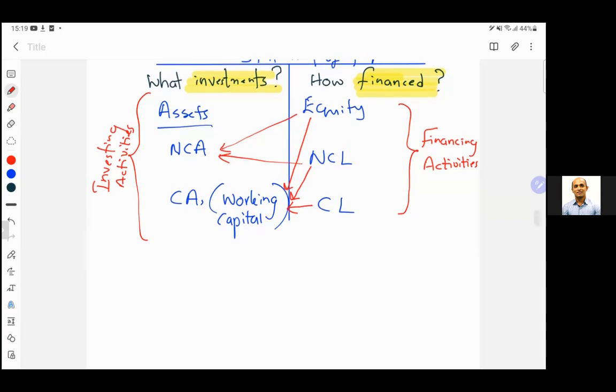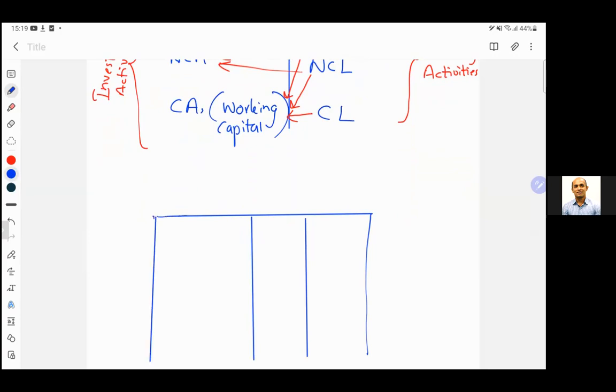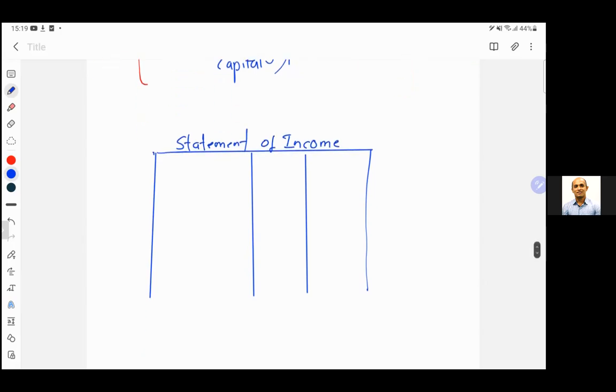You know, operating results are in the statement of income, the statement of comprehensive income. From the statement of income, you see sales, cost of sales, gross profit, administrative and distribution expenses.